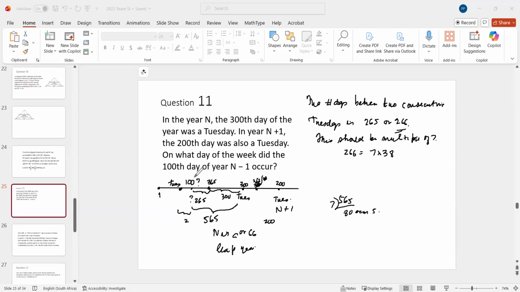So 2 days before the unknown date is a Tuesday, right? So therefore, the 100th day of the year N minus 1 is 2 days after a Tuesday. Then the next day will be Wednesday, and then Thursday.